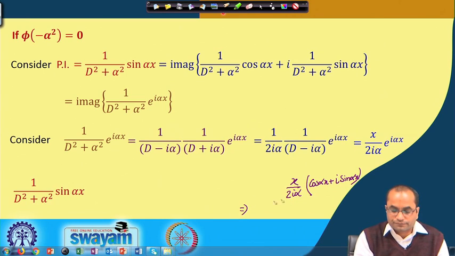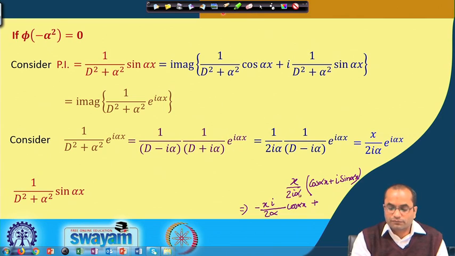The first part will be minus x, so I will multiply here minus x and this I. This I square, which is minus 1, and 2 alpha will be with the cos alpha x, and the second term will be free from this I. So, I will cancel, and we will have x over 2 alpha with the sin alpha x term.